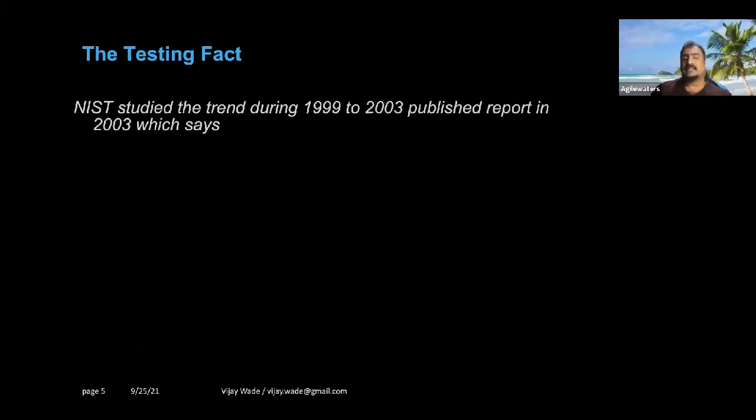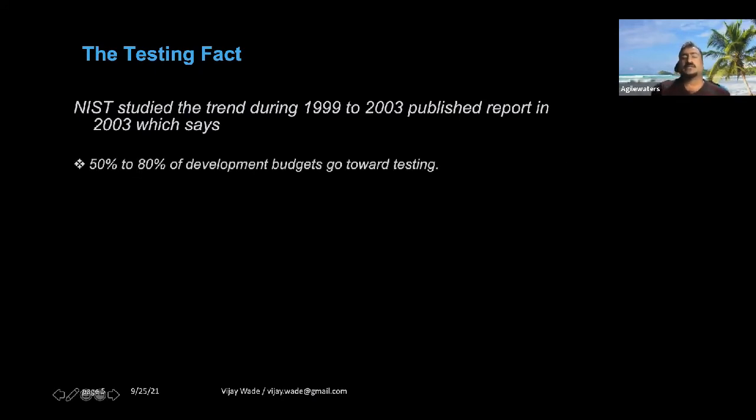NIST, the National Institute of Standards and Technology, an organization in the US, studied the trends during 1999 to 2003, and that was published in a paper. This study says 50 to 80% of development budgets go towards testing.